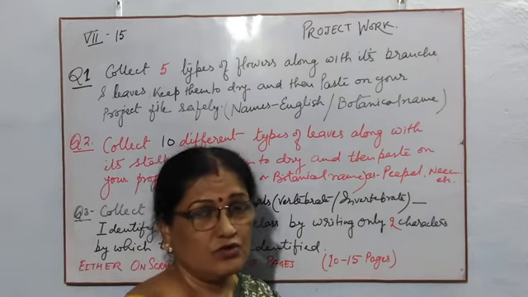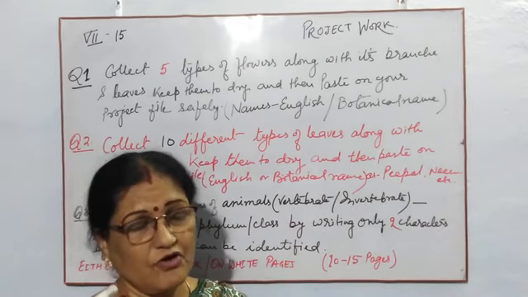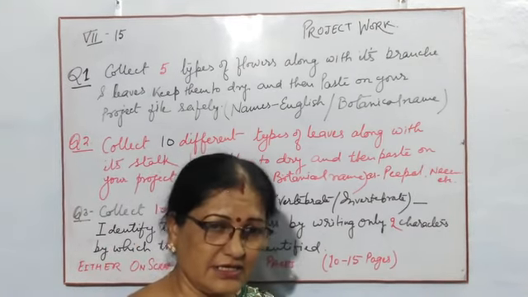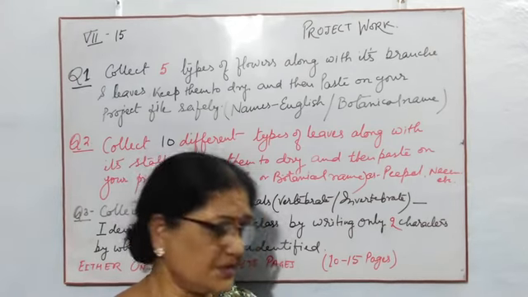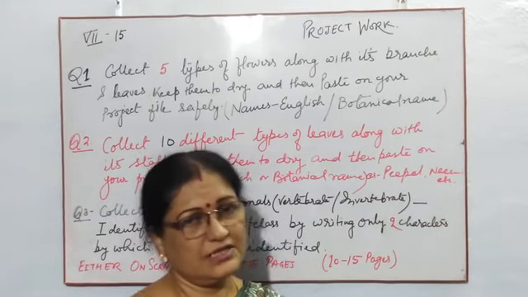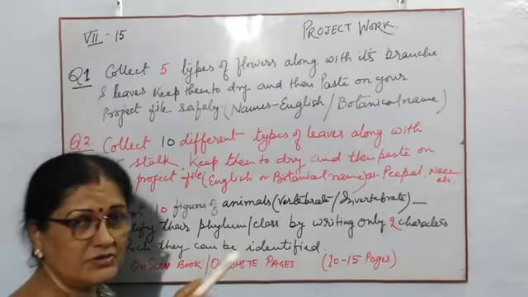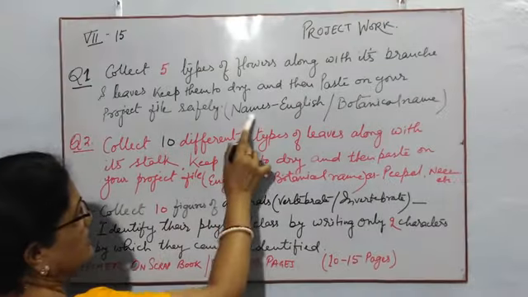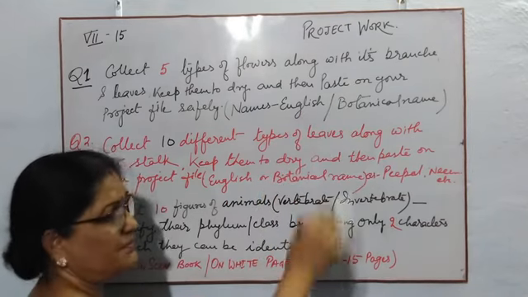Safely, children, no part should be broken. For that you can collect the same flower, 2 or 3 pieces. If one piece becomes broken, then you can paste another piece. And what about the names? If you know the English name, then you have to write the English name, or maybe the botanical name.